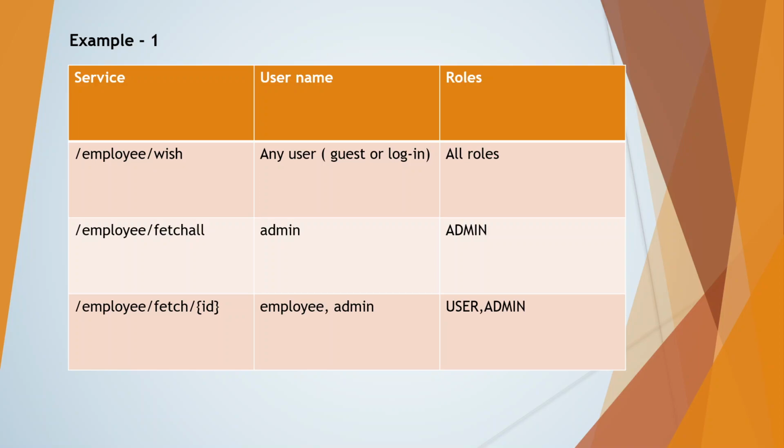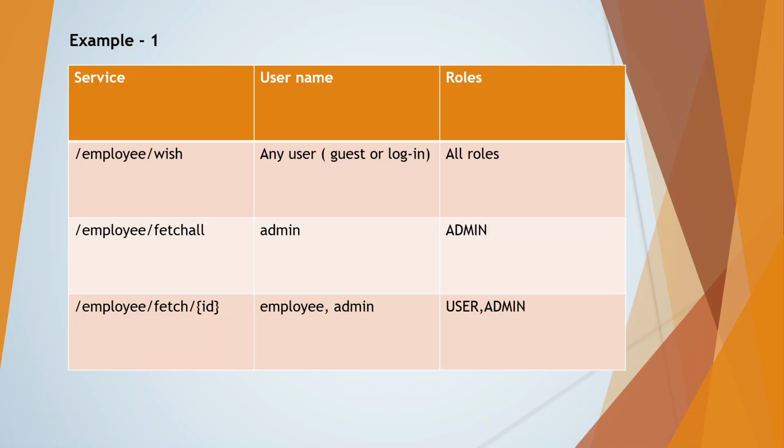That should be accessible. But fetch all should be accessible only for the admin, and fetch by employee ID should be accessible both for the employee role and the admin role. Fetch all should not be accessible for the employee role. This is the example which we are going to implement to know the details about the authorization feature that is provided by Spring Boot to secure your microservice.